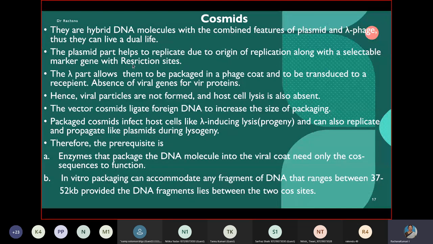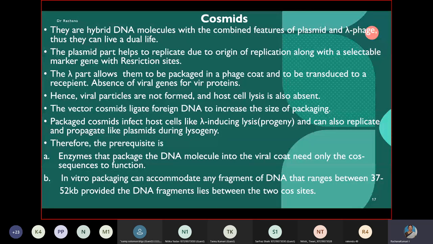The plasmid part, because we said that this is an admixture of phage and the plasmid. So what is the job of the plasmid part? It will carry the origin of replication along with the selectable marker genes. And now we know already the purpose of having this gene for replication. It will render the target DNA to replicate. And this is what is our objective also.